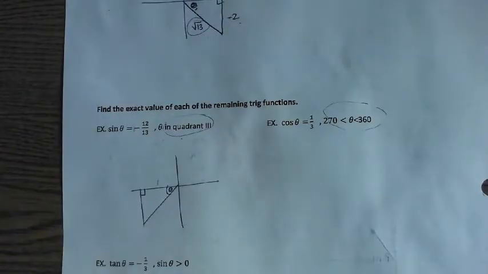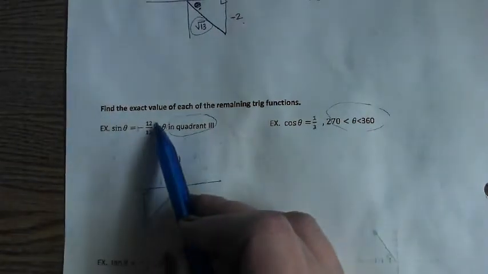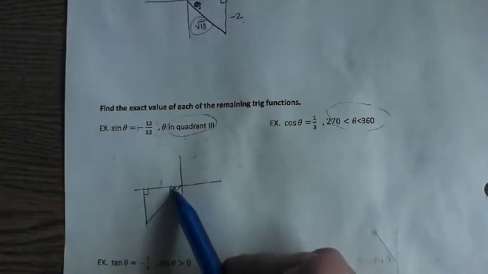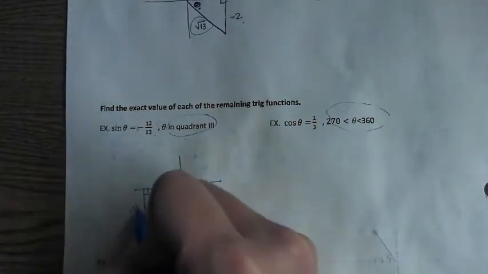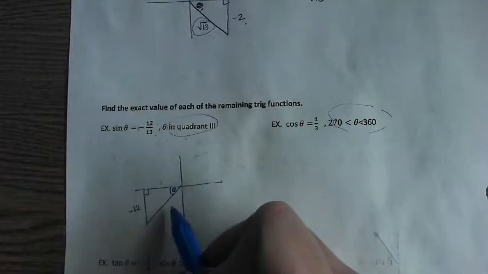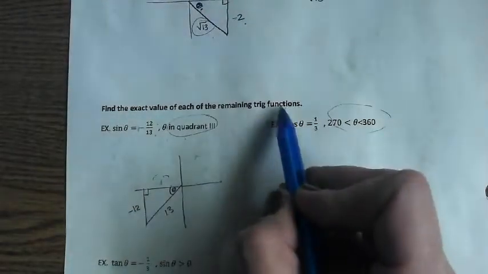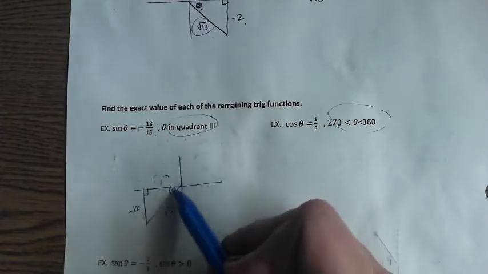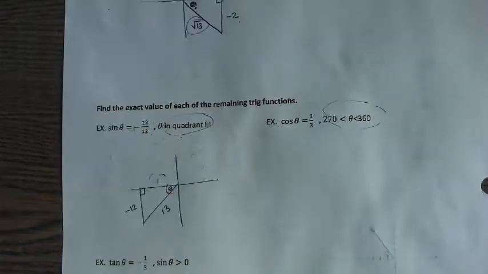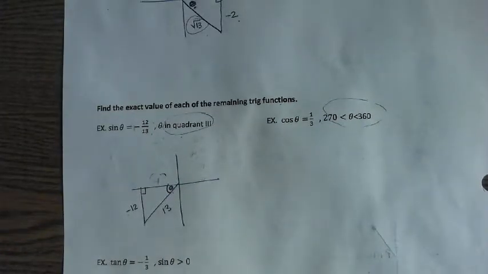It's like your reference angle. So sine, which is opposite over hypotenuse, your opposite is negative 12. Your hypotenuse is 13. You'll find your missing side, and then you'll find the cosine of your angle and the tangent of your angle because they already gave you the sine. So it's all about drawing triangles, completing the triangles, and using SOHCAHTOA. Capiche?